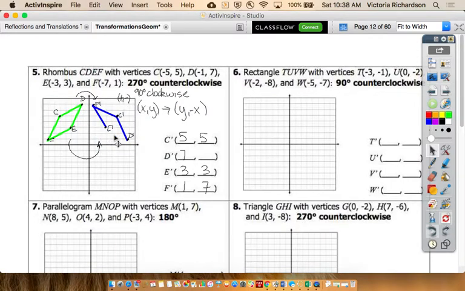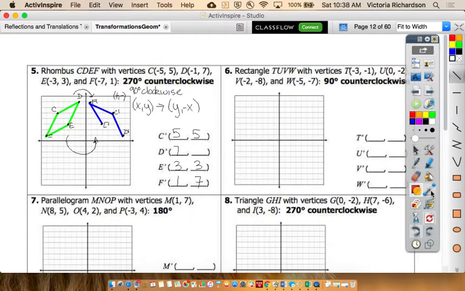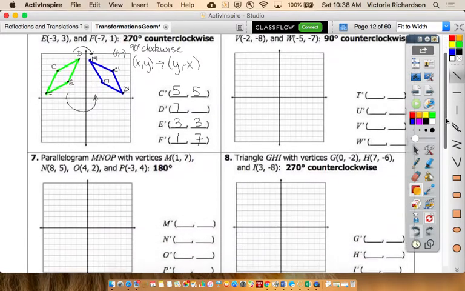I'm going to draw that line again. Well, that one didn't look a whole lot better. Okay, so you're going to do number 6, which is a 90-degree counterclockwise rotation or a 270-degree clockwise rotation.